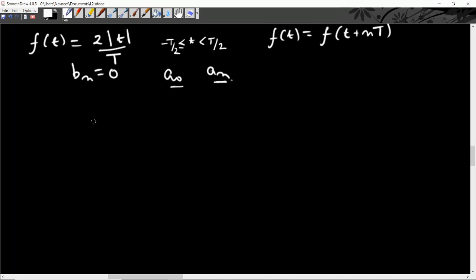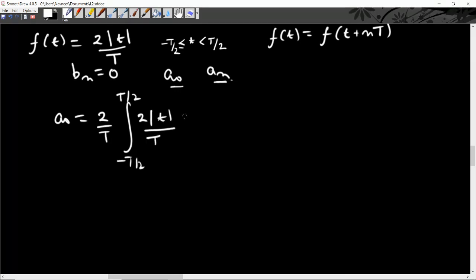So a0 I can write as 2 over T, integral from minus T by 2 to capital T by 2, of this function f of t, so that is 2 over capital T times the absolute value of time times dt.